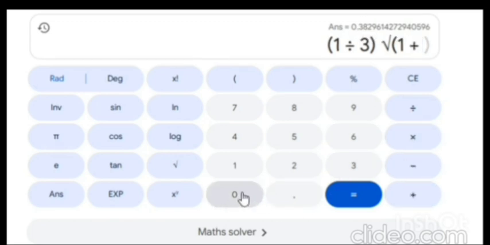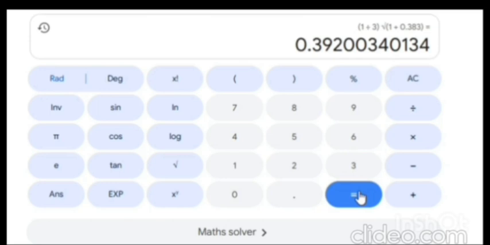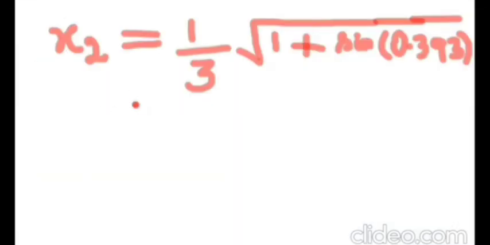The sine value I have arrived at is 0.3829. So I am rounding off to 0.393. The overall value is 0.39200. This is the value I have arrived at for x2. Now the value of x2 is 0.392.